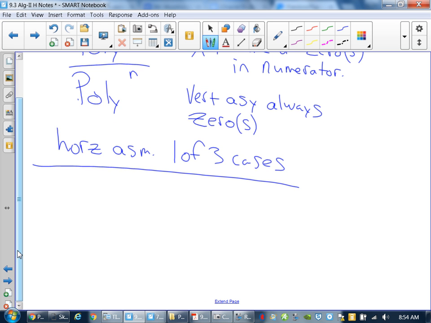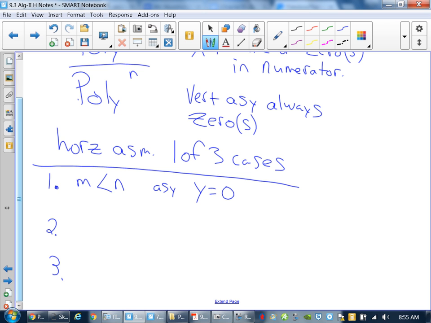So your horizontal asymptote could occur in one of 3 different scenarios. The first one is where the degrees come into play. If the degree of the numerator is less than the degree of the denominator, your asymptote is at y equals 0.